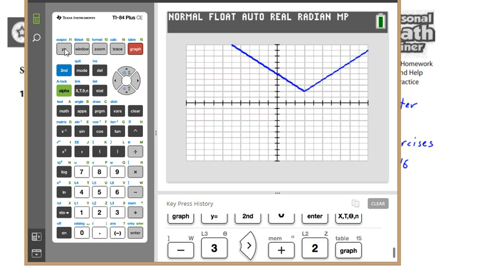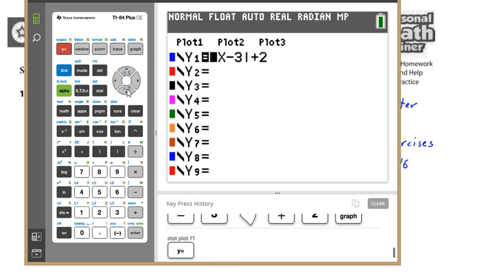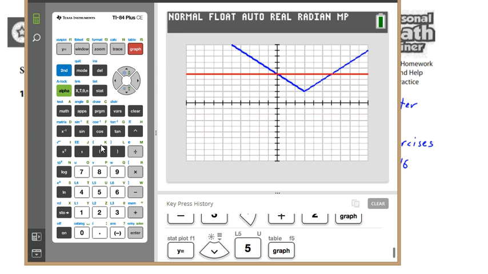Then we're going to put down below y equals 5. So we have that. We see our intersection points here at 0, 5, and at 6, 5.